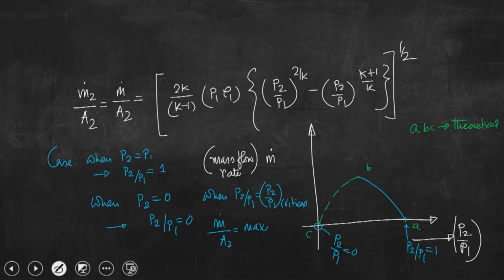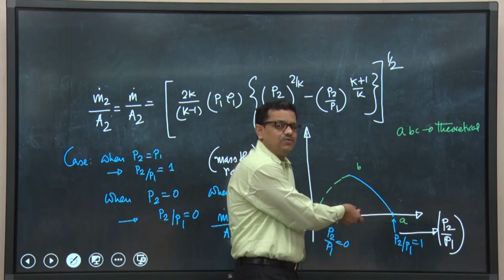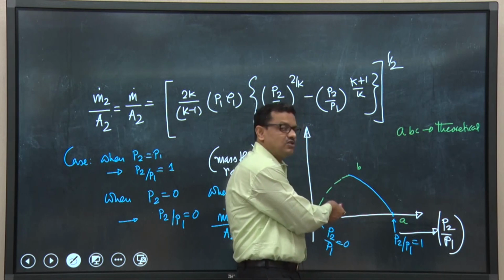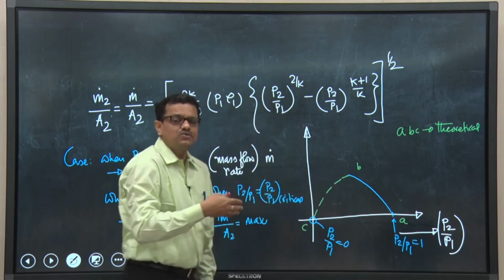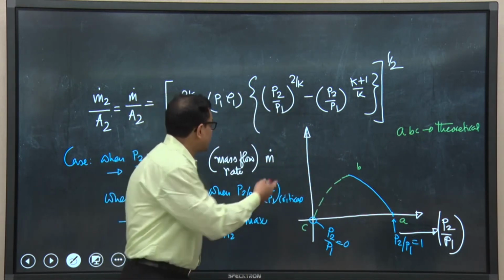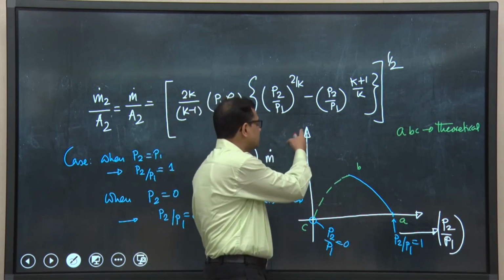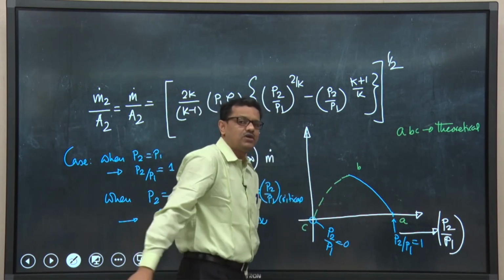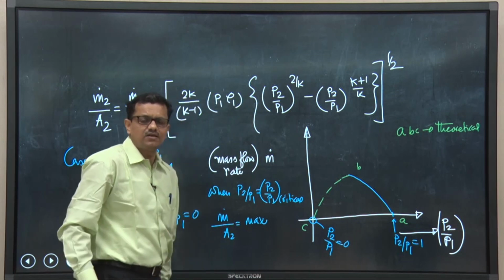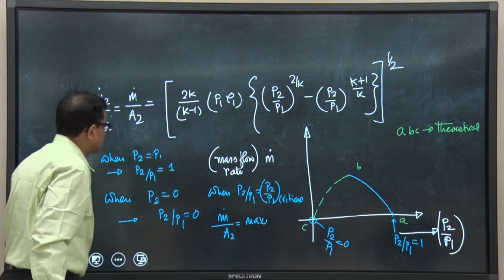Now try to understand that after reaching the maximum value, if we further reduce P2 and make P2 equal to 0, though we are supposed to get maximum flow rate, following this mathematical expression we can see that the mass flow rate should be equal to 0. But this is not the case, and we will explain this.